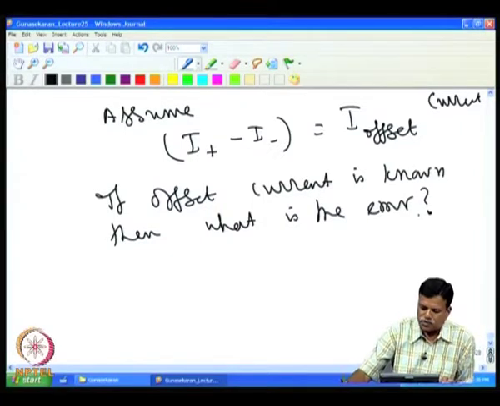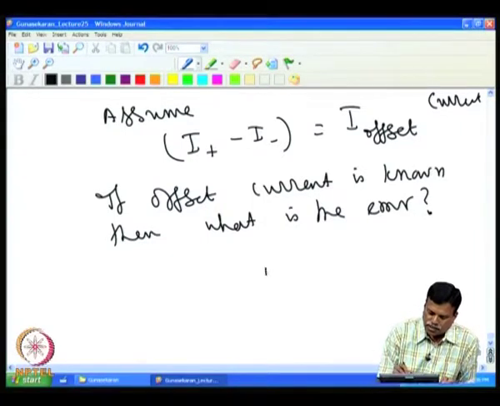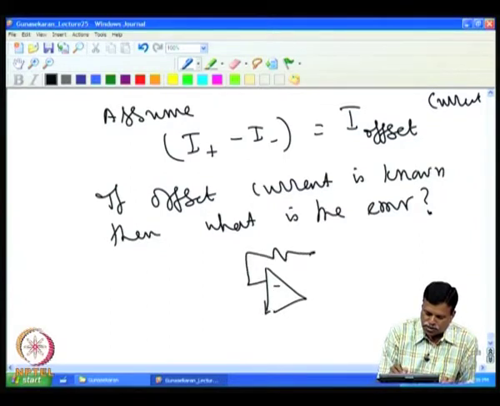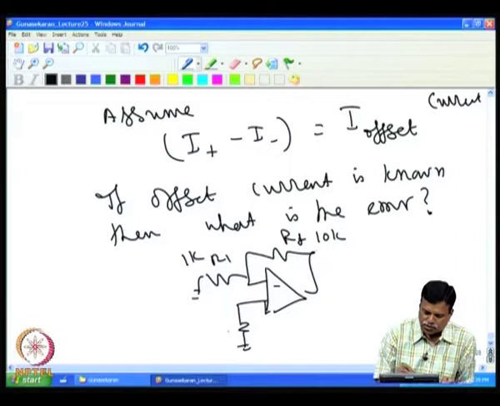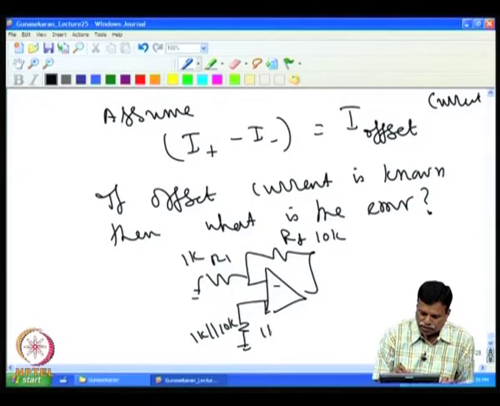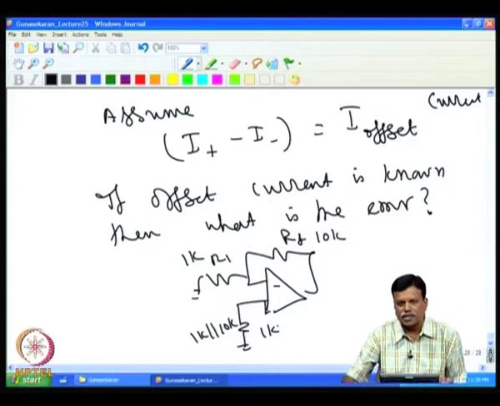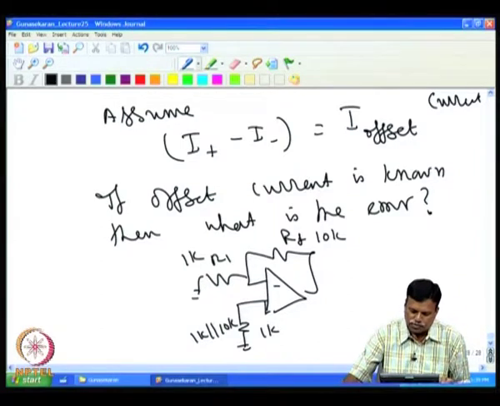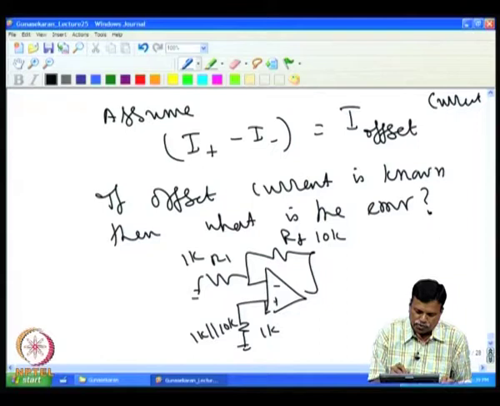If you look at the circuit again, you have the two resistances here, and assume that I have put here RF and R1, and let's say it is 10K and 1K. Then the parallel combination of these two, 1K parallel 10K, will be roughly 1K. So, close to 1K will be the resistance that you will be connecting here.